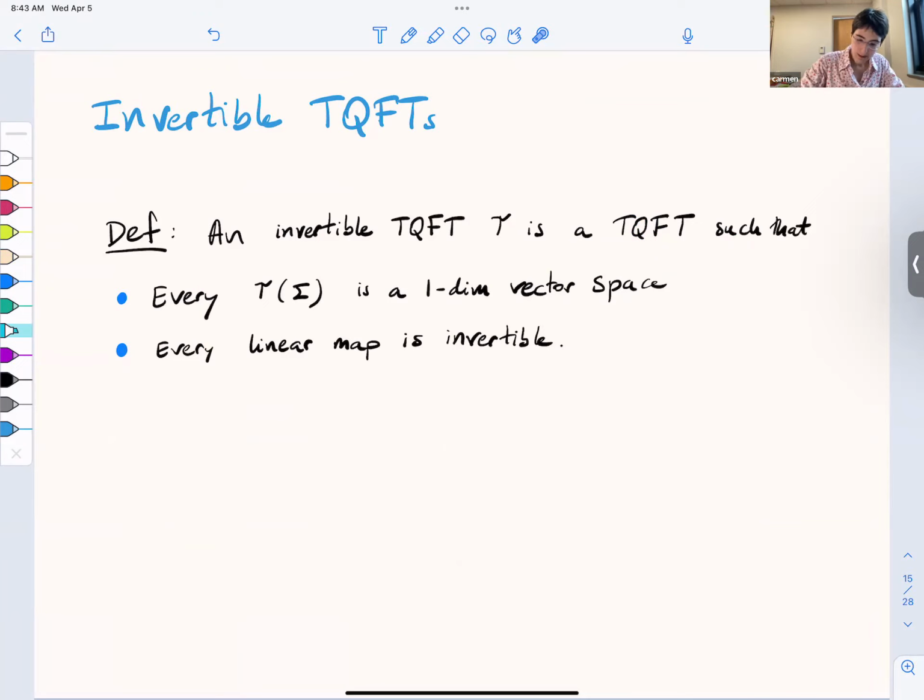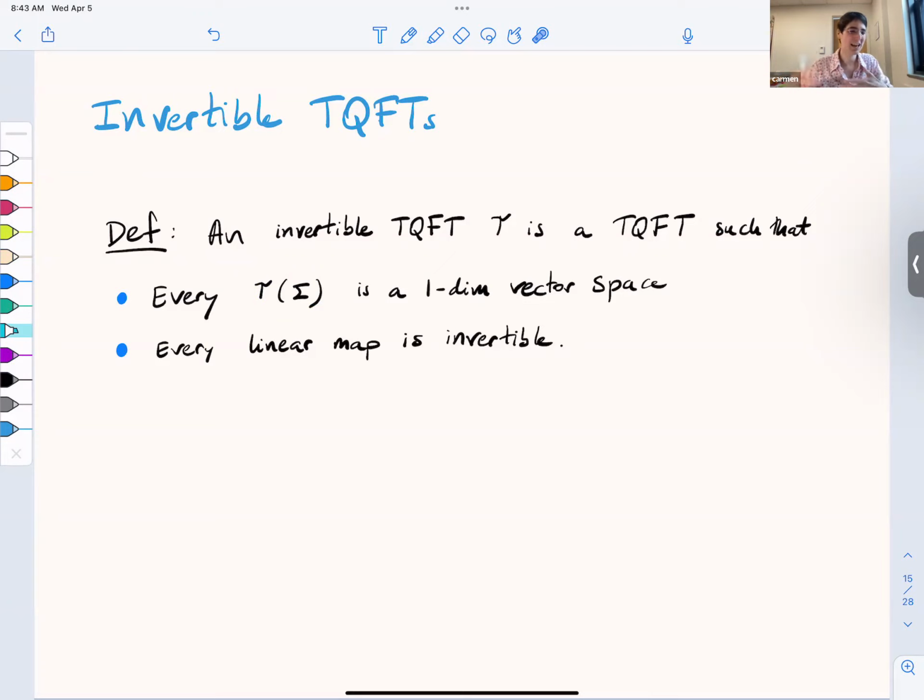Right, so here's a definition of what an invertible TQFT is. What do we need? One thing we need is that you have your closed manifolds, your boundaries, and the functor assigns a vector space to them. You need that vector space to be one-dimensional. Otherwise, when you take tensor products, things are going to spiral out of control.